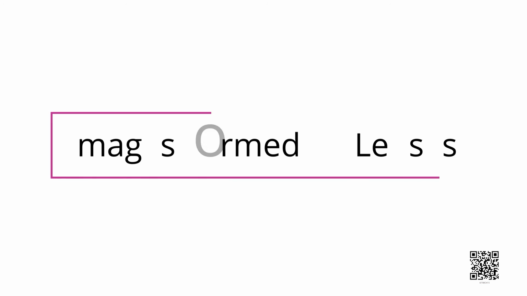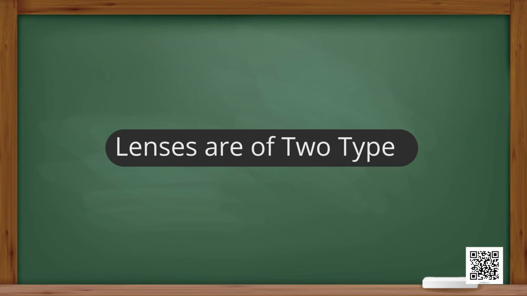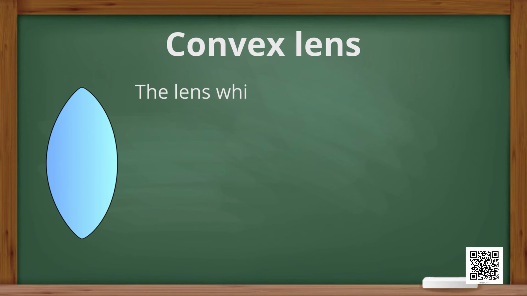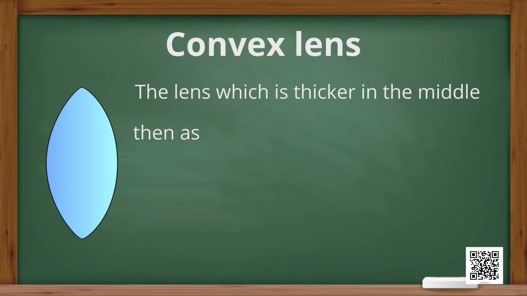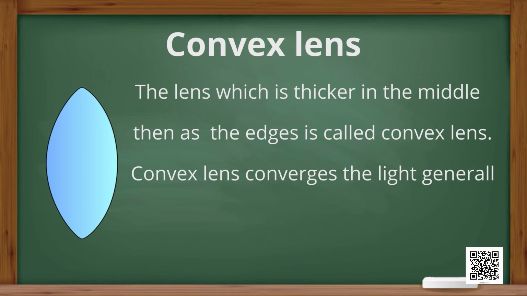Now let us discuss images formed by lenses. Lenses are of two types: convex lens and concave lens. The lens which is thicker in the middle than at the edges is called a convex lens. A convex lens converges the light generally falling on it.